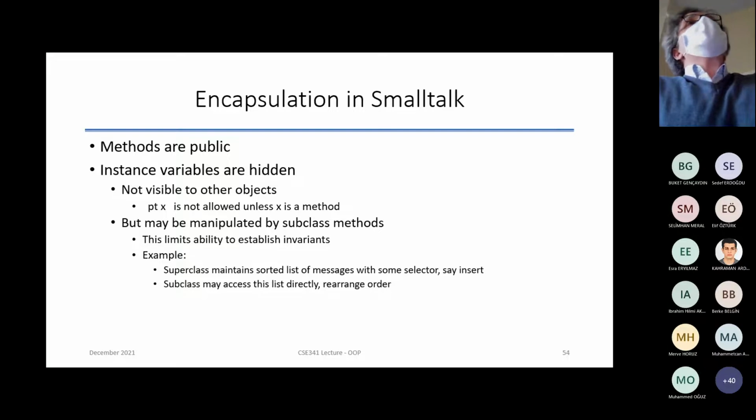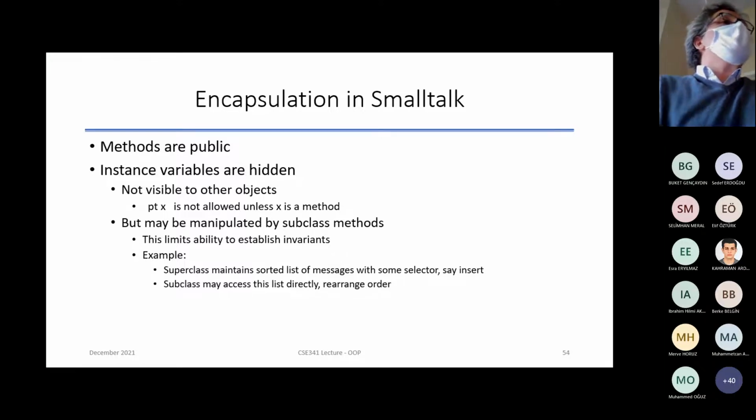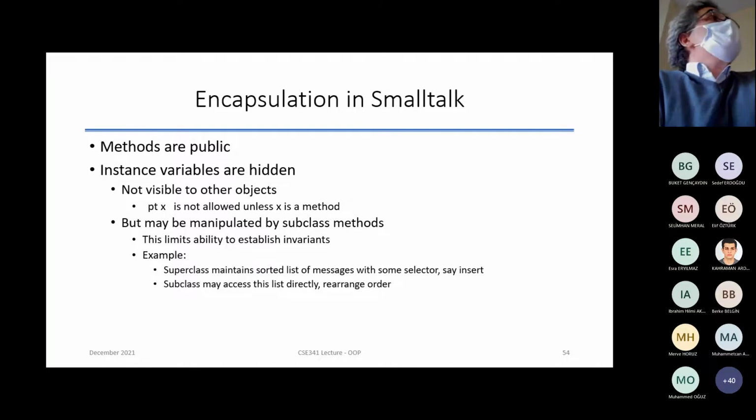Now, of course, this may not be as bad, because the question is about class-specific methods that you don't want the outside to see, but you want to be able to use within the class.